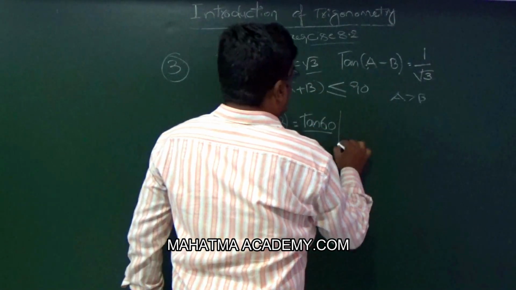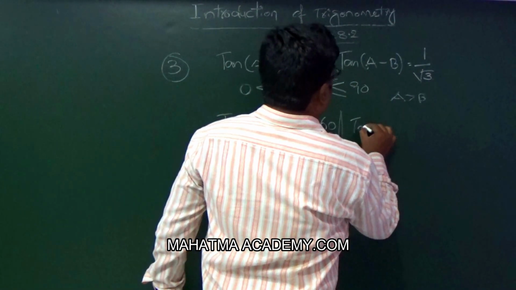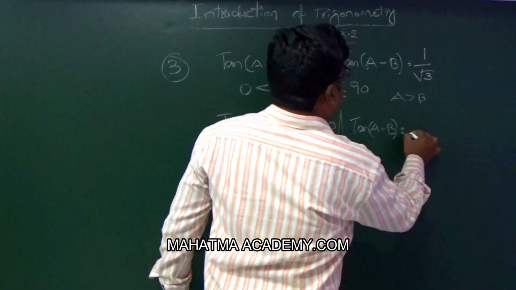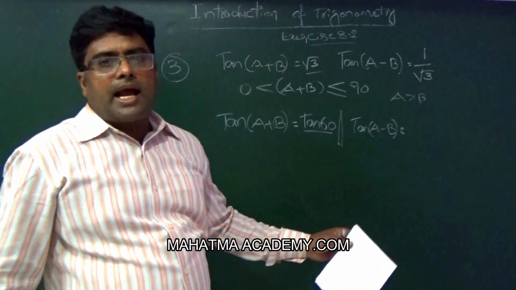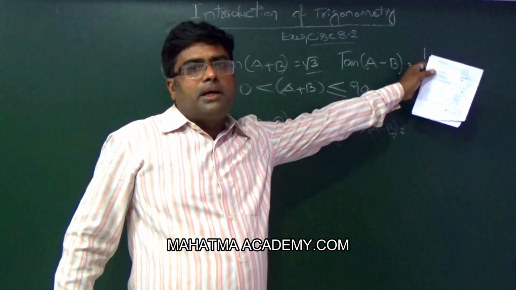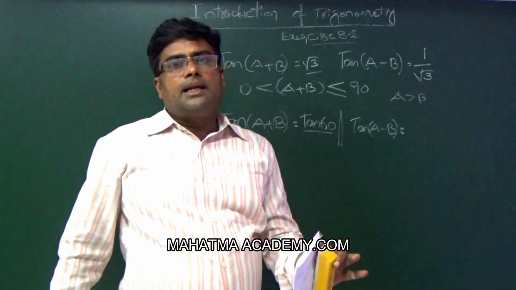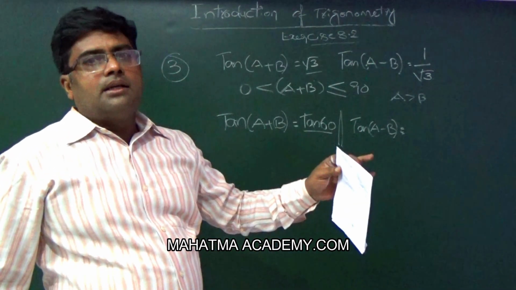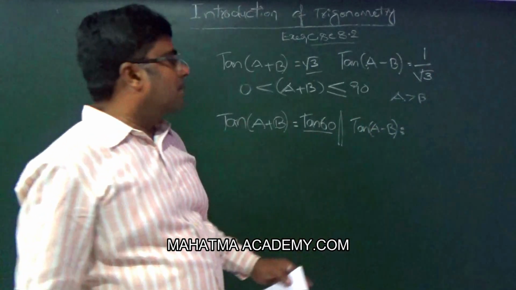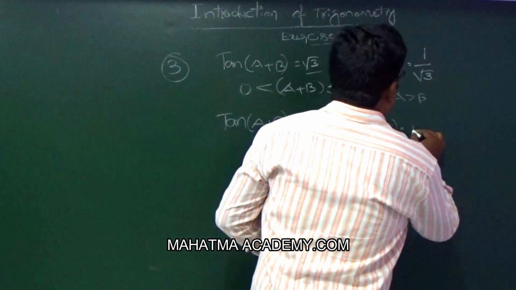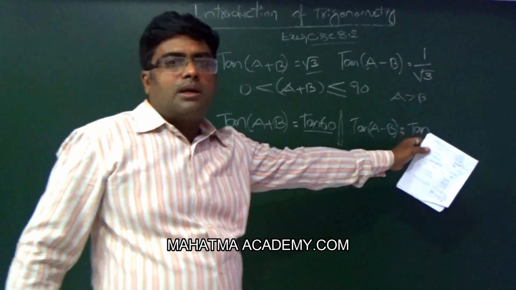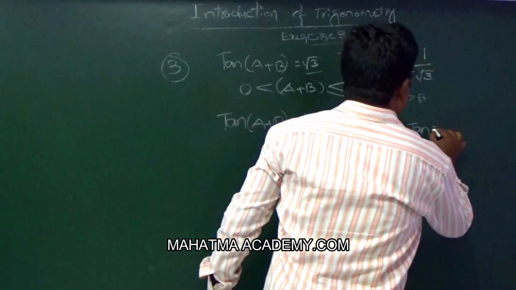And at what angle is the value of tan 1 by root 3? At 30 degrees, tan 30 is 1 by root 3. So in place of 1 by root 3 we substitute tan 30.